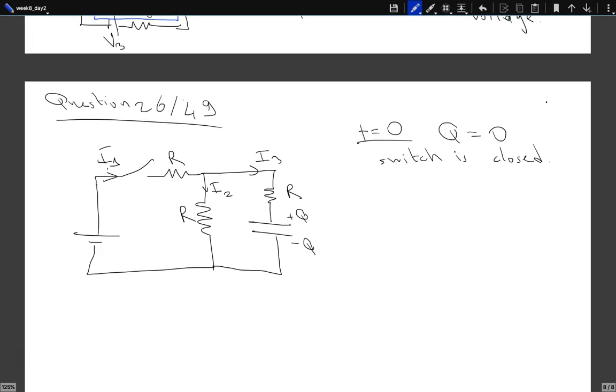Well, let's see. At t equal to 0, what is the charge? There's no charge here. What is the potential difference across it? The potential difference is 0. So at t equal to 0, the circuit is essentially this one.